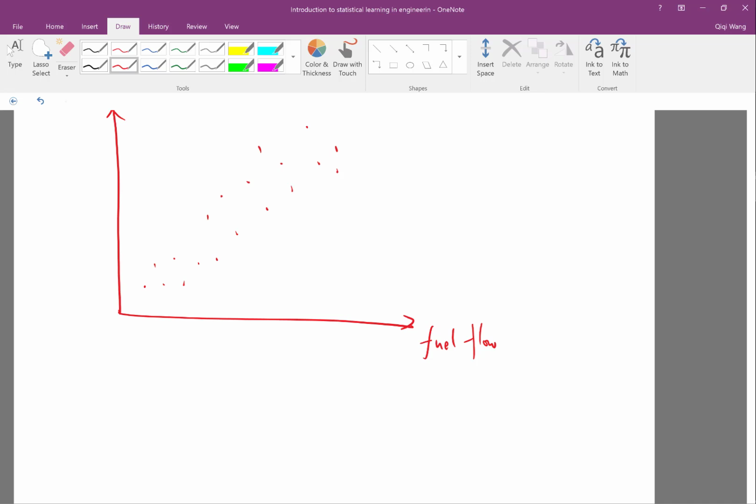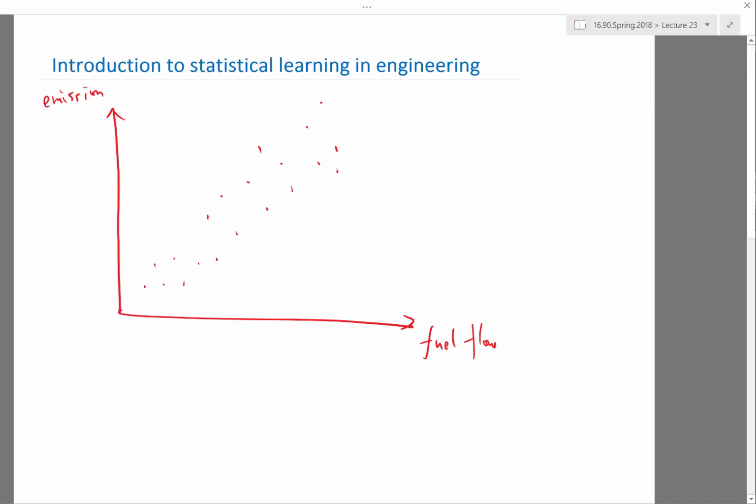For this to be useful, you want to model the trend as well as you can. For example, you want to have a blue curve, and you also want a model of the scattering, the distribution, at a certain fuel flow rate. Usually you can represent it in such a way. Although if I look at that specific x value, almost surely I have zero data at that specific fuel flow rate. So what are you presenting?